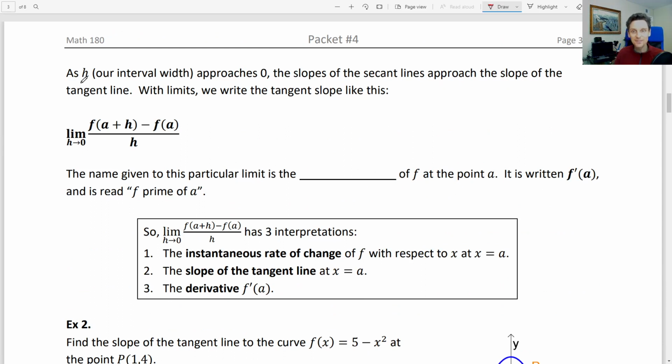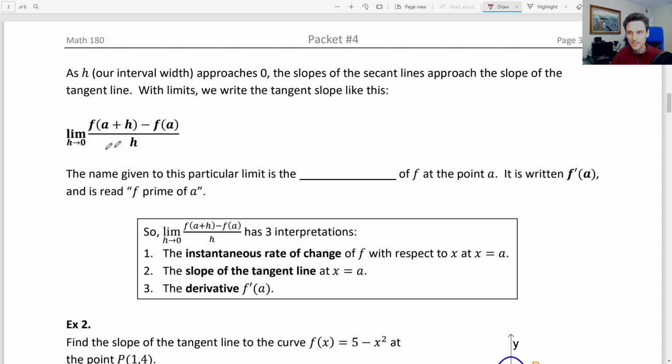As the h value, which is our interval width, approaches 0, the slopes of these secant lines are approaching the slope of the tangent line. So with limits, we can write the tangent slope like this. It's the limit as h approaches 0, as that interval shrinks down to 0, of the slopes of the secant lines. So that's going to be f of a plus h minus f of a all over h.